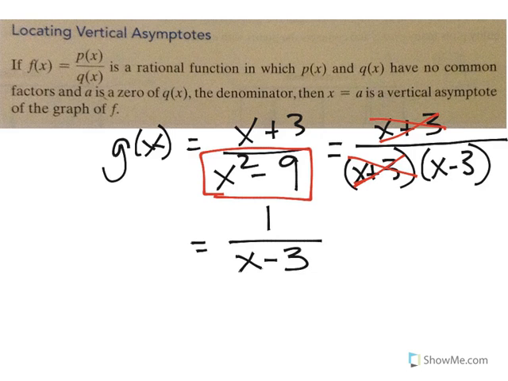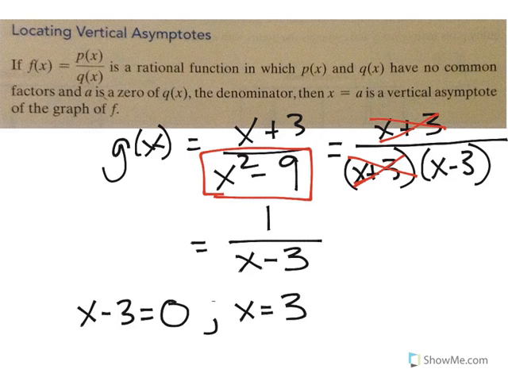So now we have to find the zeros of the denominator, and we do that by saying x minus 3 equals 0. Solving for x, we know x will be equal to 3.